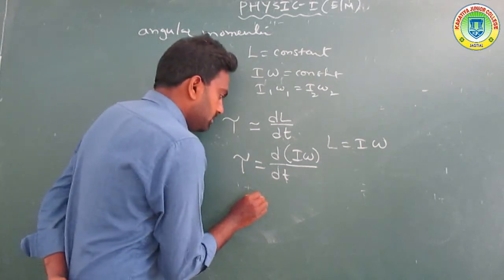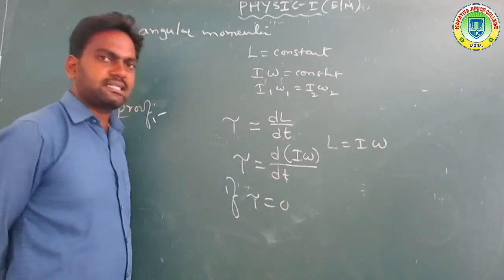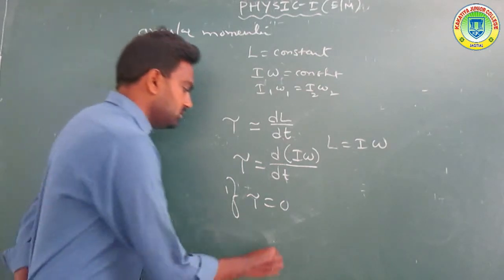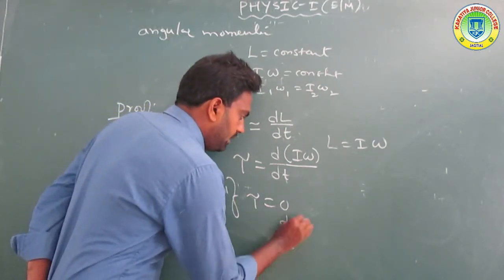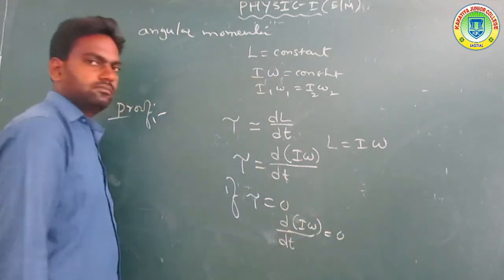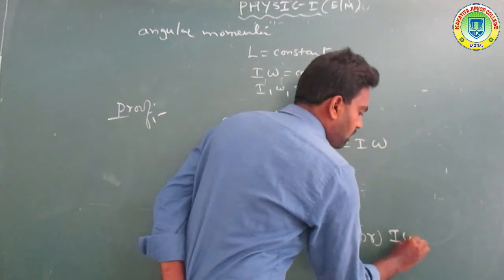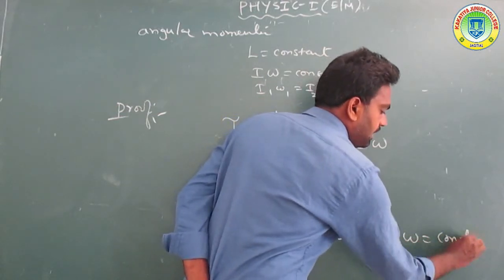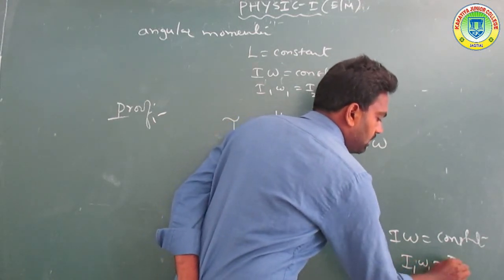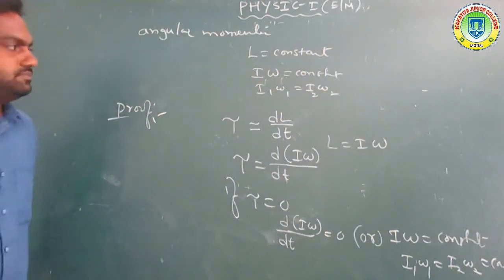Next, according to the definition, if tau is equal to 0, there is no external torque acting on the body. So that means d by dt of I omega is equal to 0. In other words, I omega is equal to constant, or I1 omega 1 is equal to I2 omega 2, which is constant.